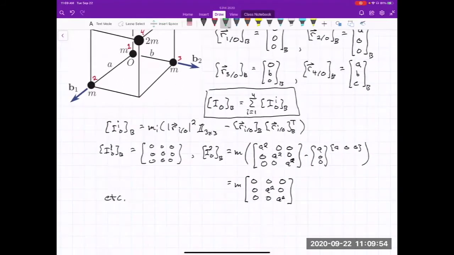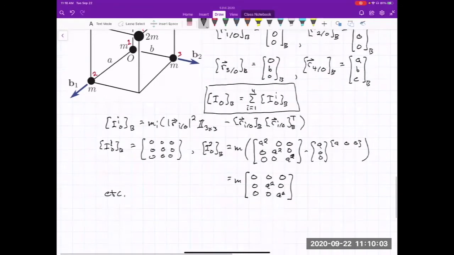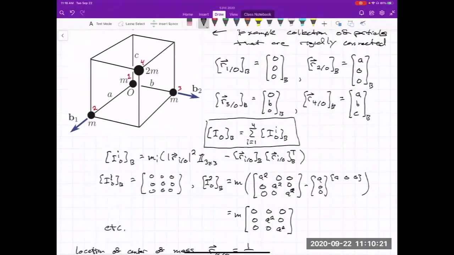And hopefully you remember from last time, right? What is the location of the center of mass? The location of the center of mass with respect to our given origin would just be 1 over the total mass. What's the total mass here? We've got 3 that are mass M, and then particle 4 is mass 2M.